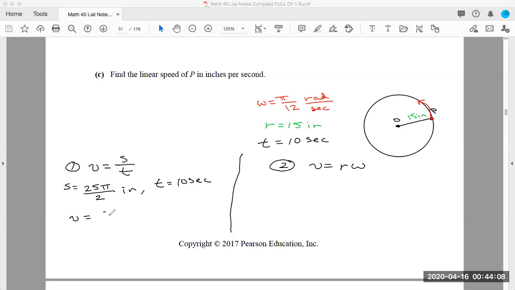So V would be equal to 25 pi over 2 inches divided by 10 seconds. That is 25 over 2 inches times 1 over 10 seconds, which gives you 25 pi over 20 inches per second.